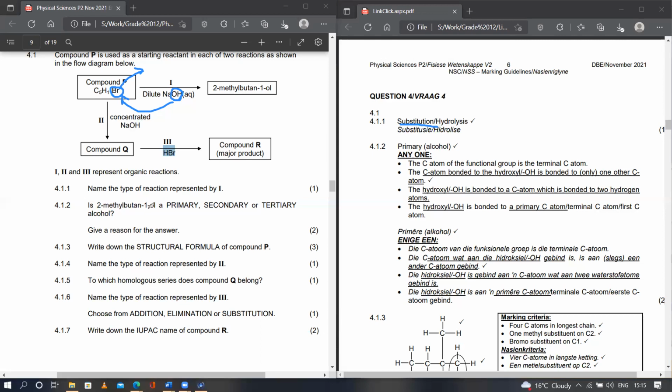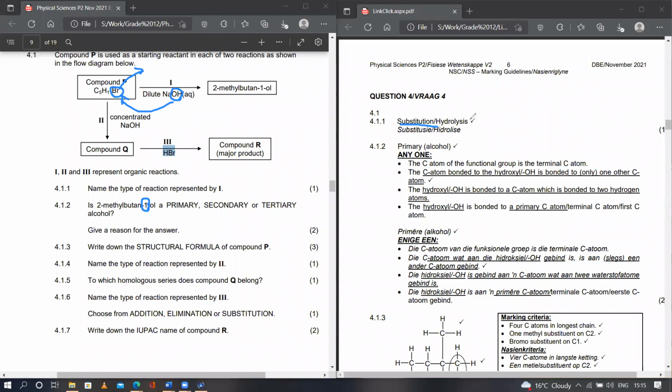If you just look at it, they say butan-1, meaning that the OH group is attached to the first carbon on the butanol chain. So if it's only attached to the first carbon, that means it's not attached to any other carbon other than the first carbon. So that's going to be a primary alcohol, because it's going to be attached to one carbon and not 2 or 3 more carbons.